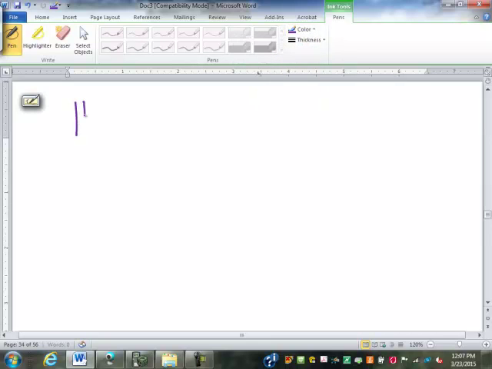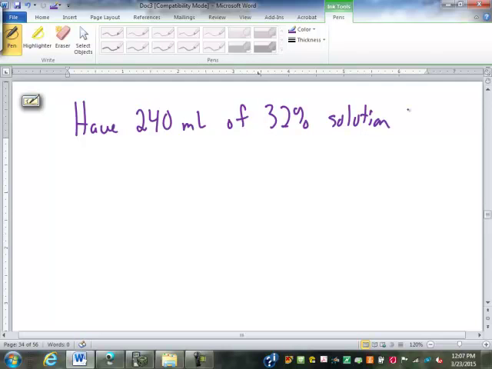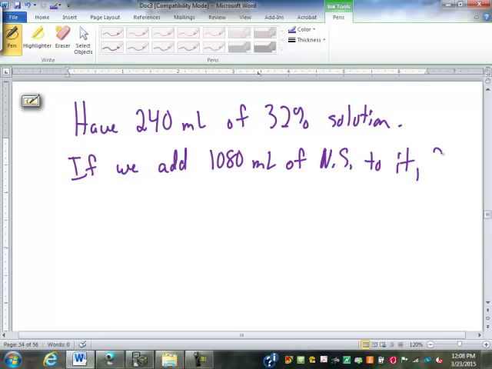Well, let's say we have 240 milliliters of the 32% solution. If we add 1,080 milliliters of sterile water to it, find the new percent.